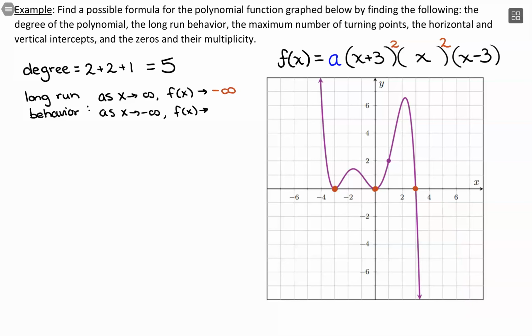As x approaches negative infinity, so as we go off to this left-hand side, our function goes off to positive infinity. There's our long-run behavior.